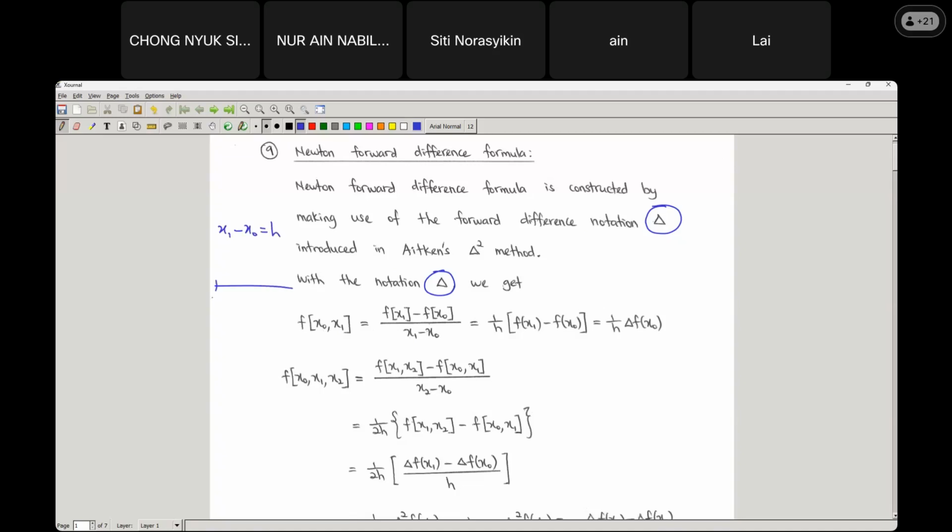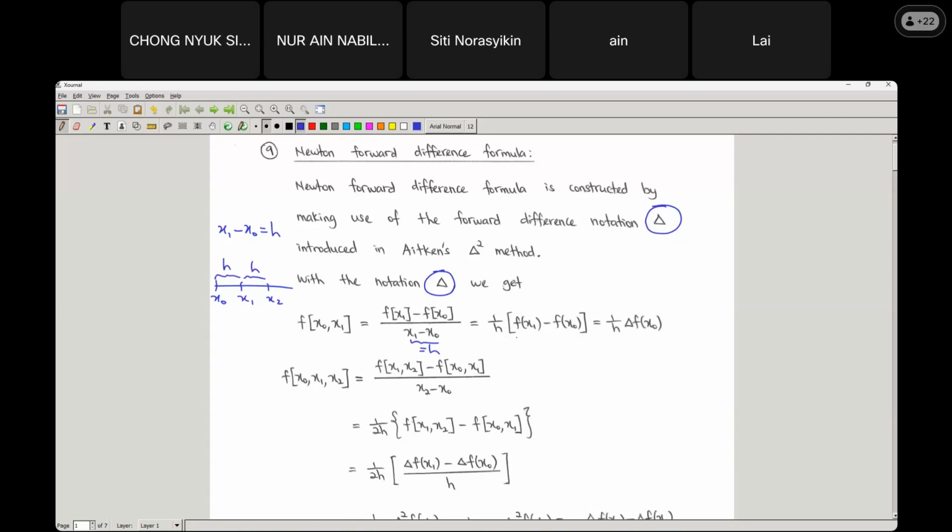So this is x0, this is x1, this is x2, with equal spacing h. So x1 minus x0 is equal to h, and I can write it as 1 over h times f(x1) minus f(x0).